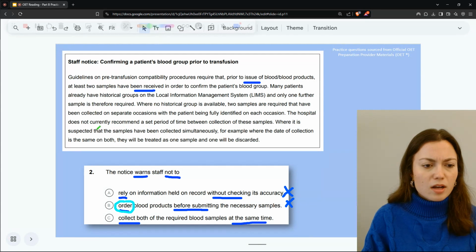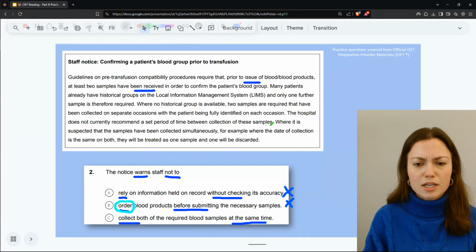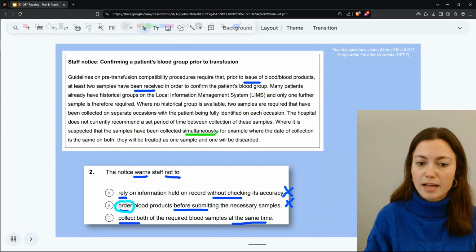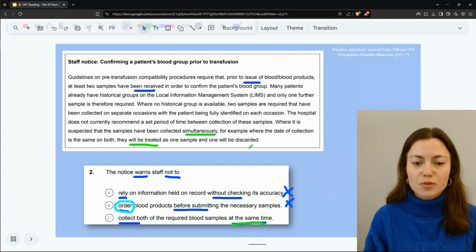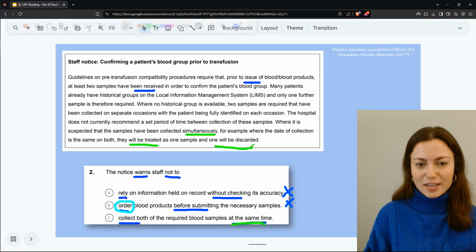The hospital does not currently recommend a set period of time between collection of these samples. Okay, where it is suspected that the samples have been collected simultaneously, or at the same time, that's interesting. For example, where the date of collection is the same on both, they will be treated as one sample and one will be discarded.